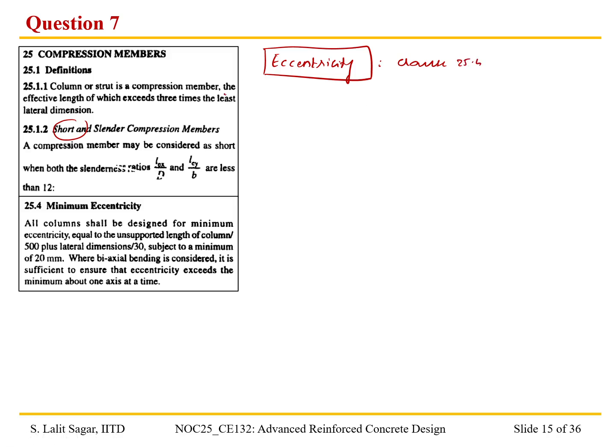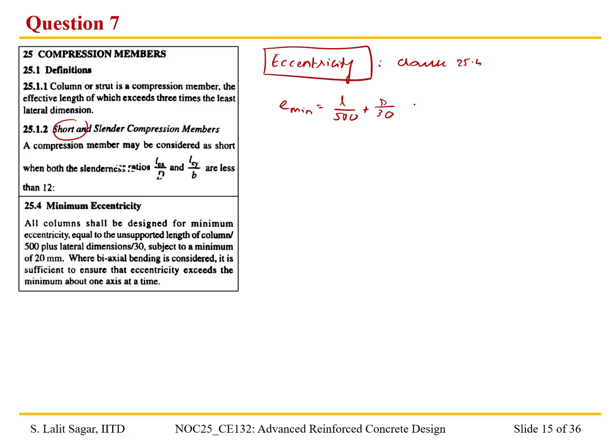We have e min, that is minimum eccentricity, equal to L by 500 plus D by 30.